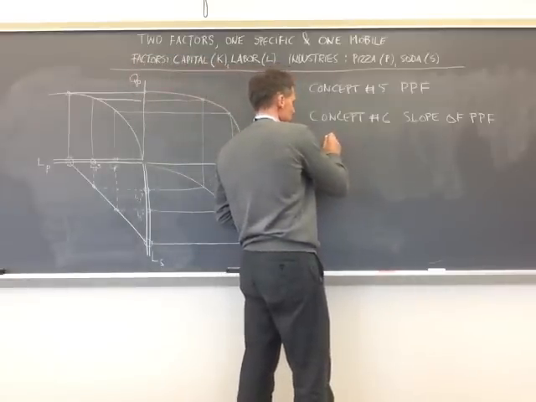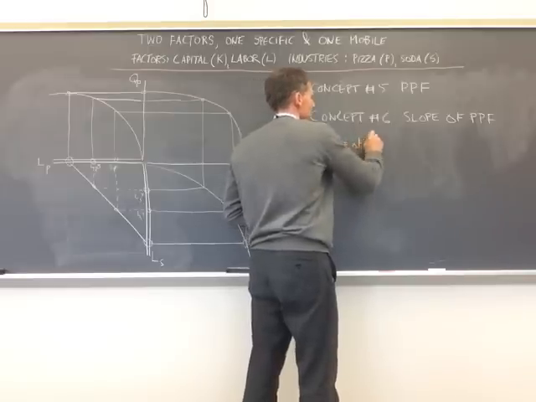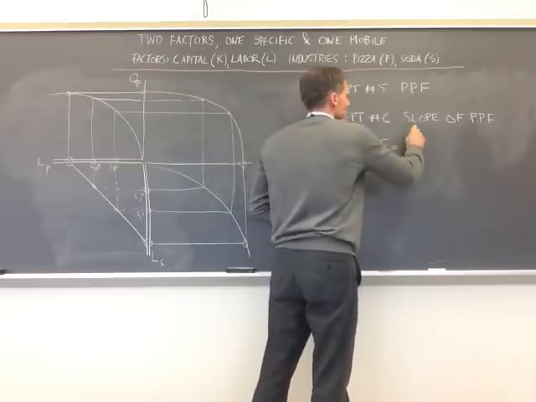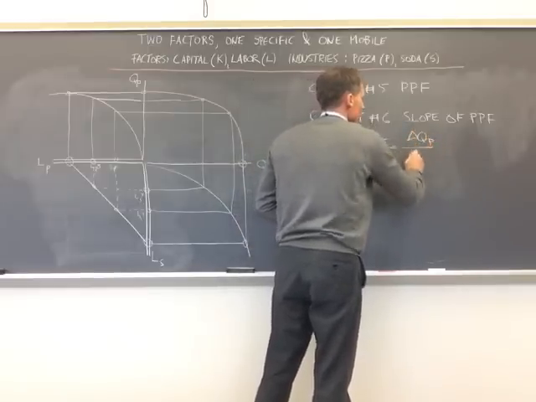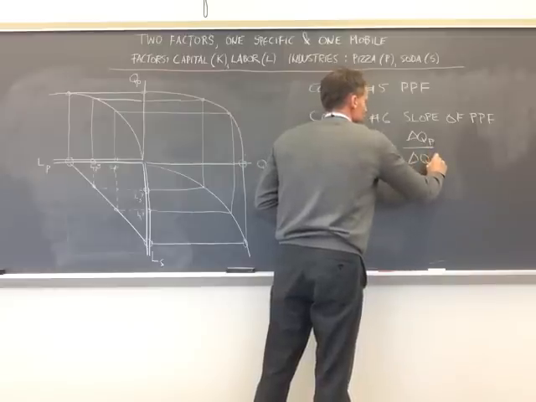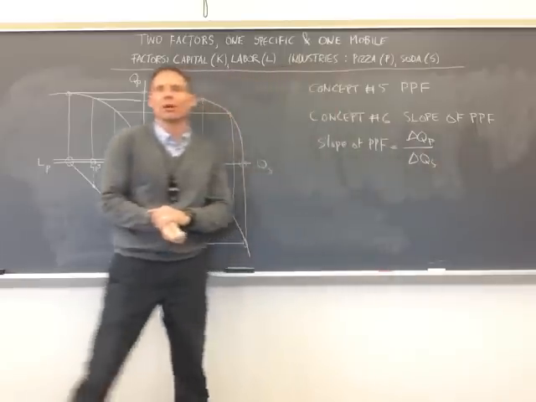So the slope of the PPF is equal to the rise over run. Rise over run gives us the slope.